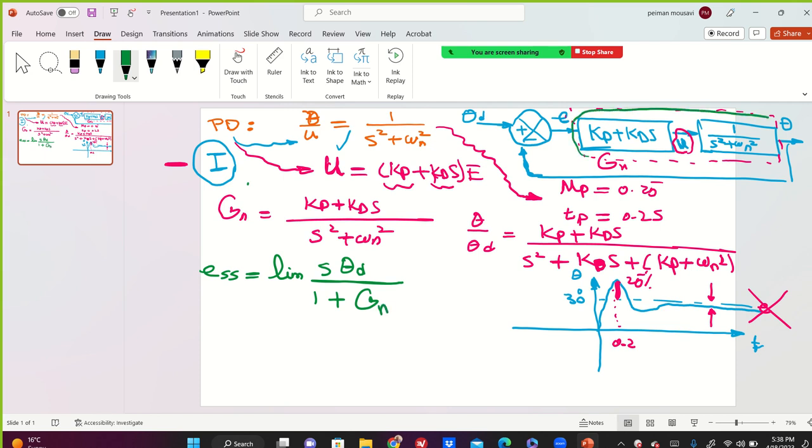This is your new G, because you added the controller to the system, when S goes to 0.